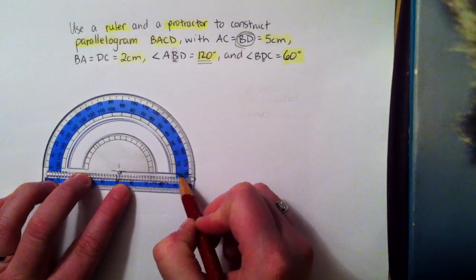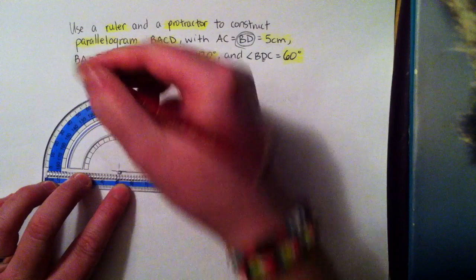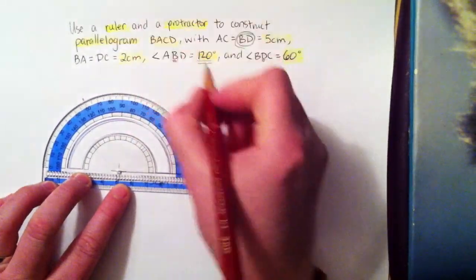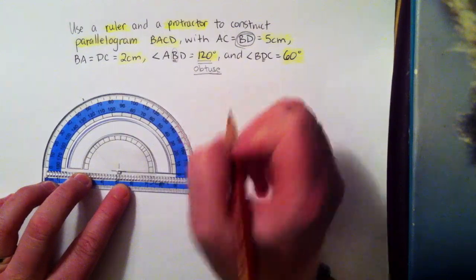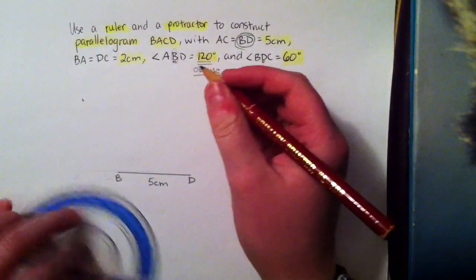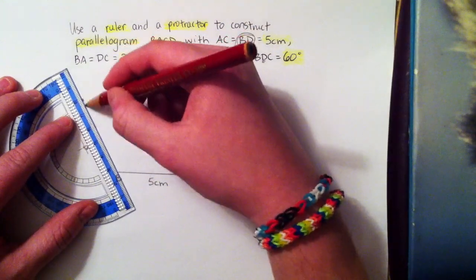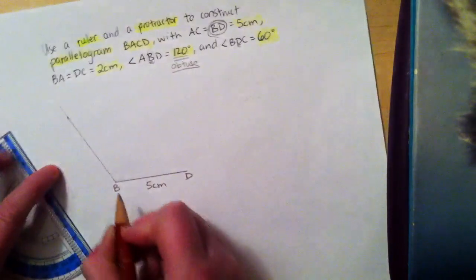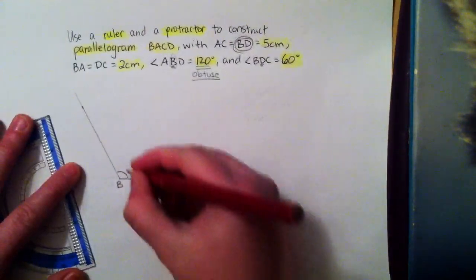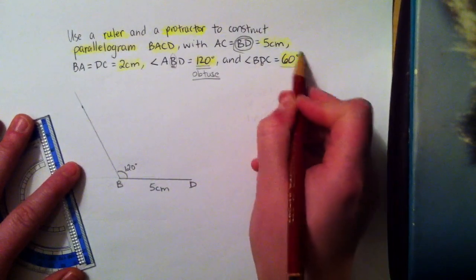So placing our baseline and protractor along angle B, we can mark off that angle. We know that 120 degrees is an obtuse angle, so when we draw it out like this, we can be sure that it's 120 degrees because it is more than 90 degrees.